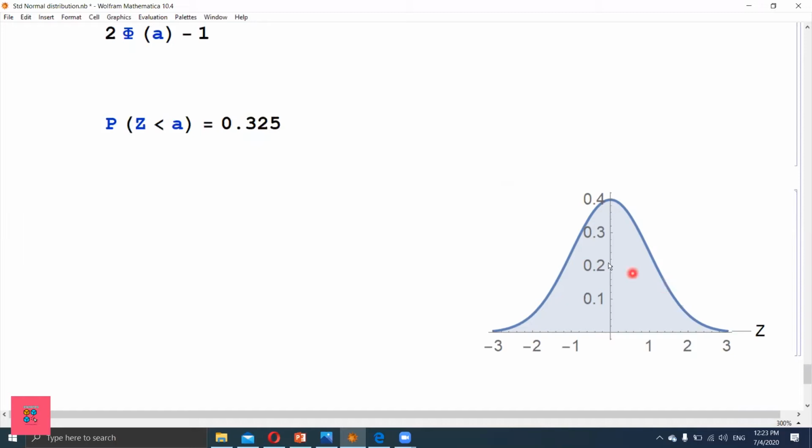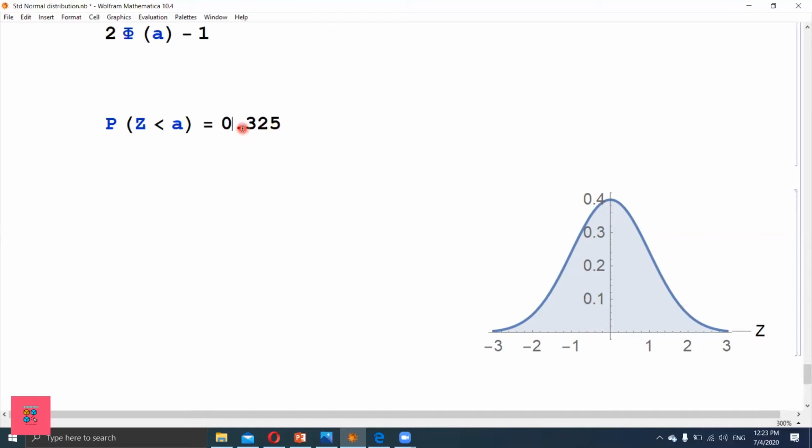The half area from minus infinity to the central line is 0.5. 0.325 is less than 0.5, so it must be here in the left tail.